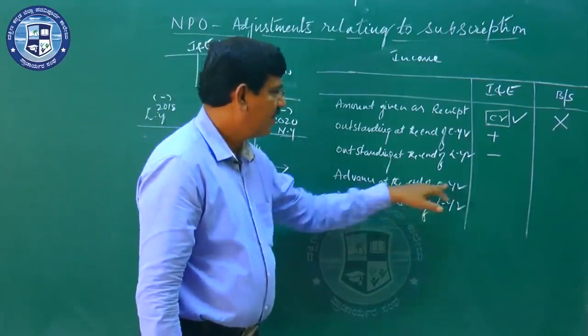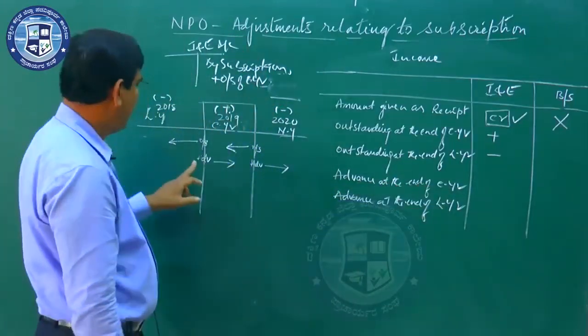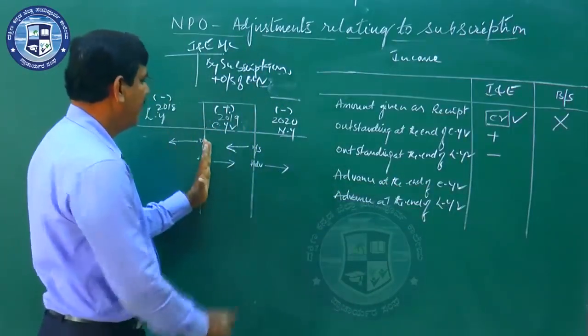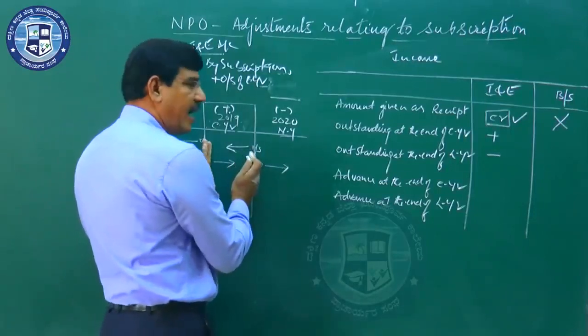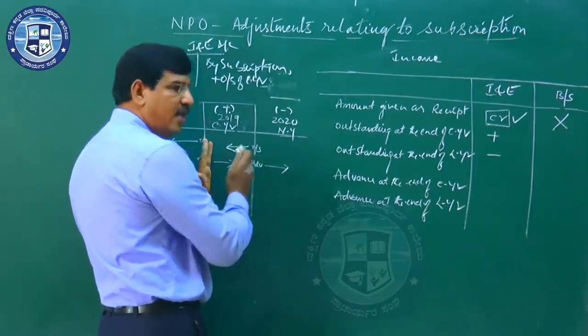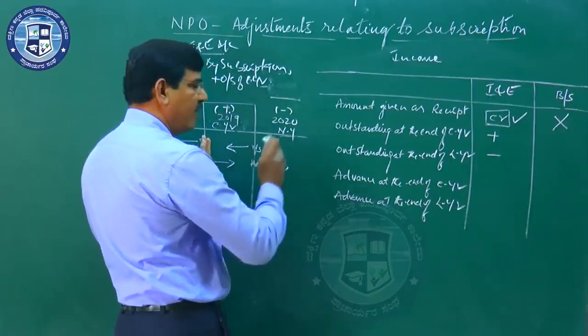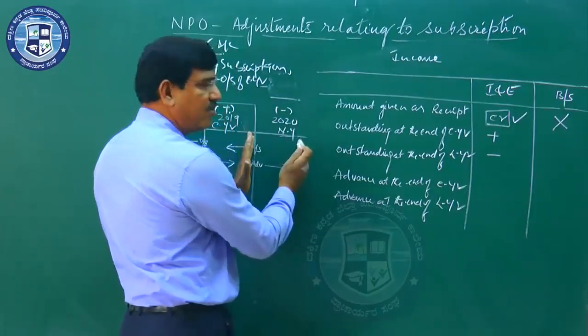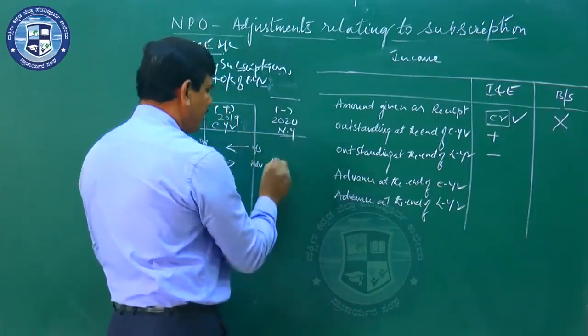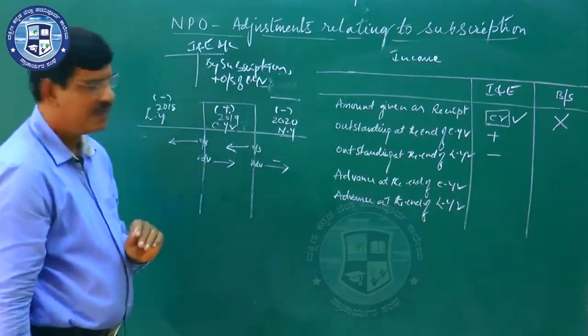The advances at the end of current year, whether they should be added or deducted, it has the forward nature. That's why it will come in the year 2020. So this amount has to be subtracted.